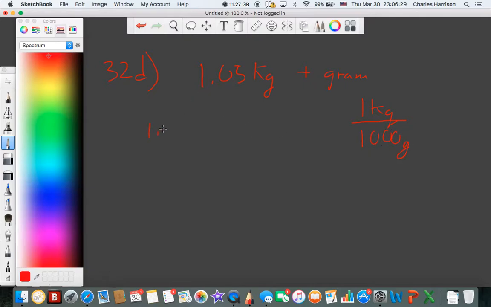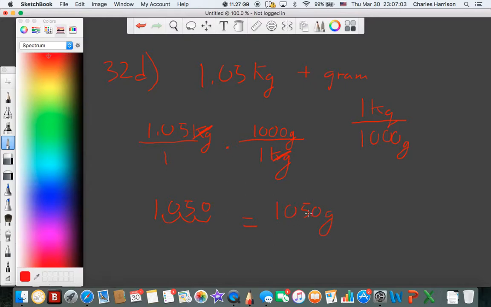Well, this is 1.05 kilograms over 1, right? We need to convert it to grams, so we need to times it. We're switching it. See, we want the grams on top. So it's 1,000 grams over 1 kilogram. See? We cancel out the kilograms, and then we'll just times this by 1,000. When we times it by 1,000, this decimal's moved over 1, 2, and 3, so it equals this.